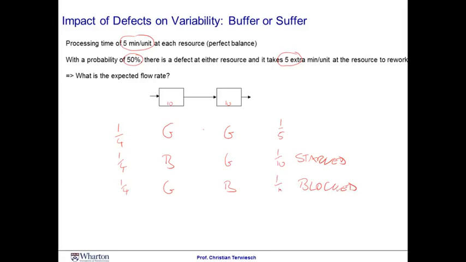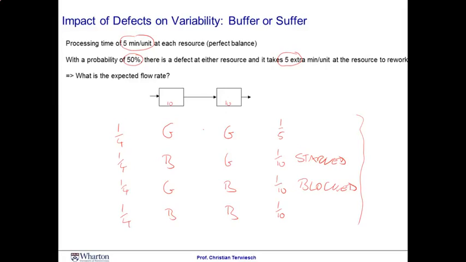And then finally, of course, if both of them mess up, which also happens with a probability of 1 over 4, I'm also going to get a process that completes every 10 minutes. So you notice that on average, the flow rate is actually dramatically slower than 1 unit every 5 minutes. That is because of the variability.